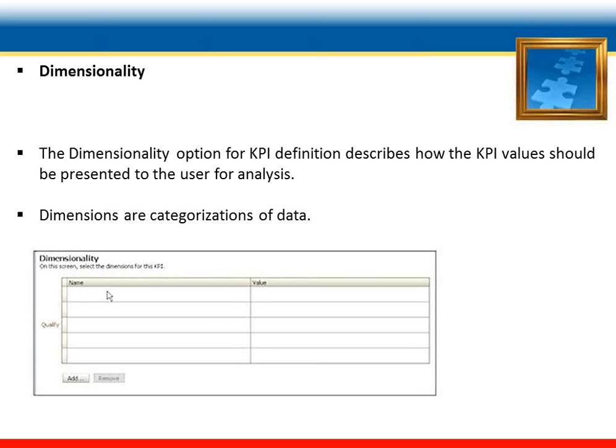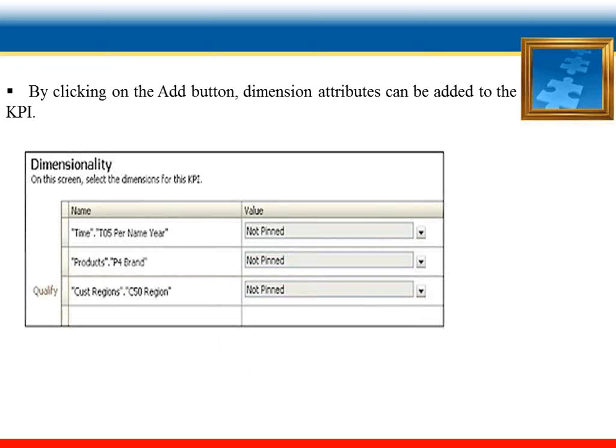Here on the screen, we can add the name of the dimensions by clicking the add button, and we can also define the value in a value column. By clicking the add button, dimension attributes can be added to the KPI.